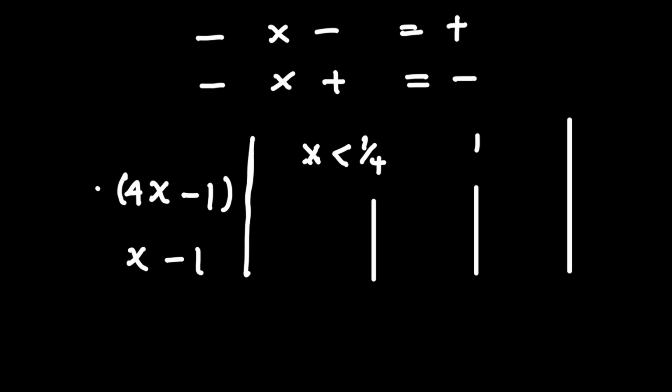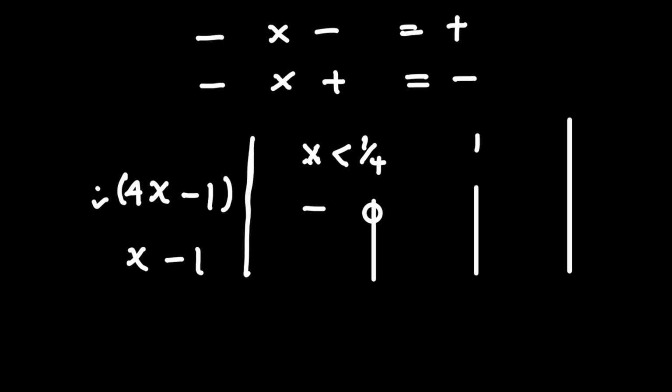Let's say, for example, you've got 0. If you insert 0 in this bracket, you're going to get a negative value. And at 1 over 4, if you insert 1 over 4 in place of x here, you are going to get 0.